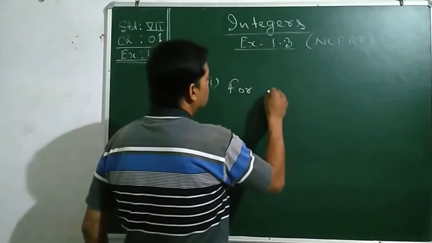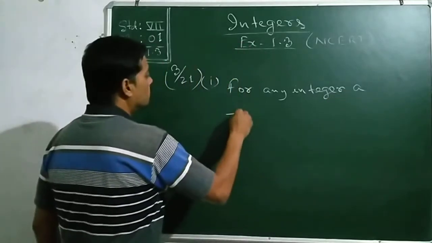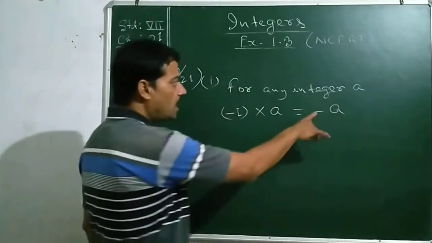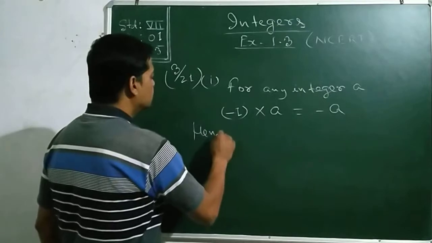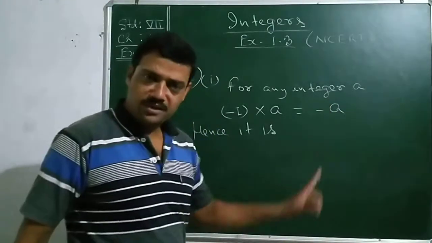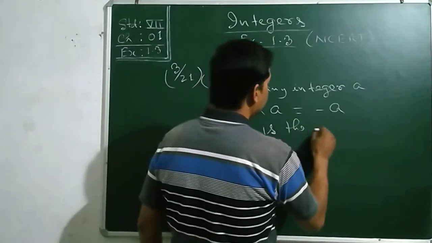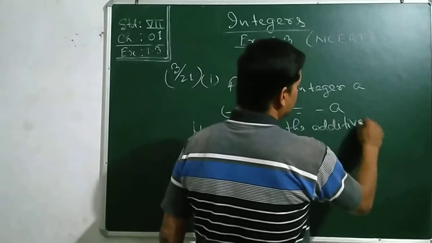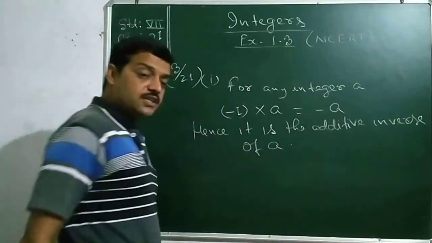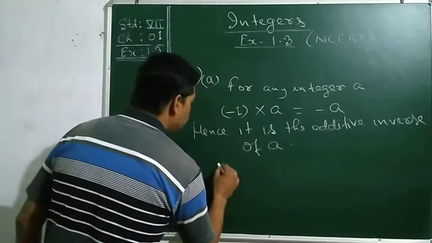For any integer a, minus 1 into a is minus a, and minus a is the additive inverse of a. Is it clear to you? Come to the second one, part B.